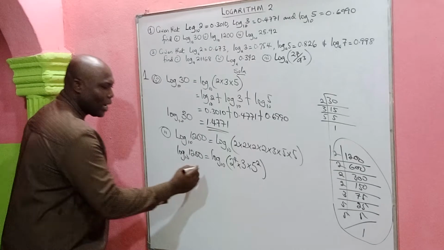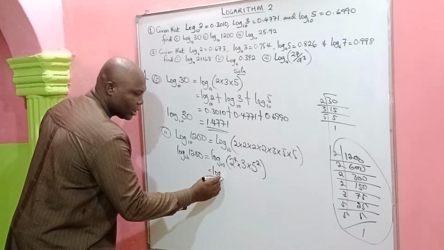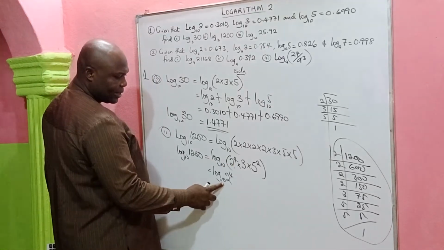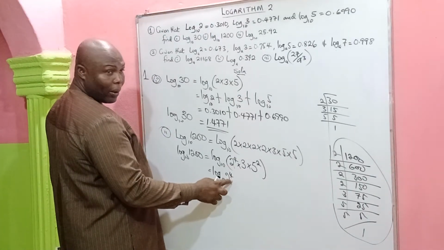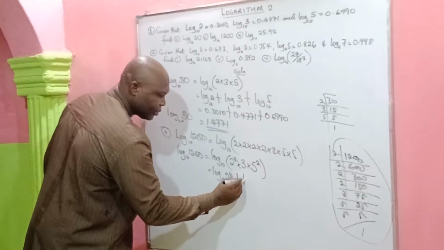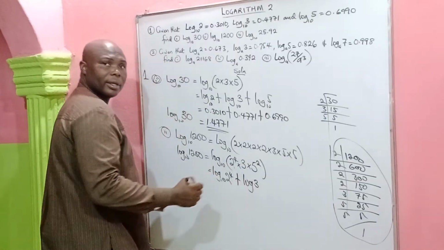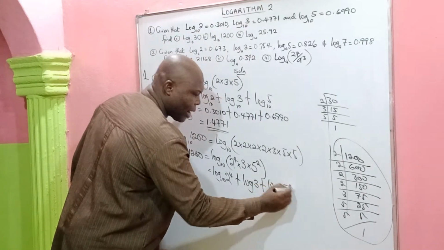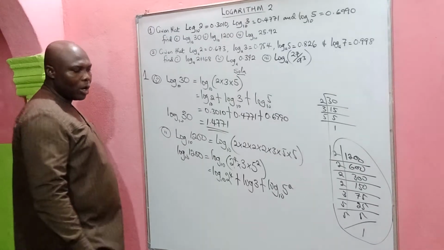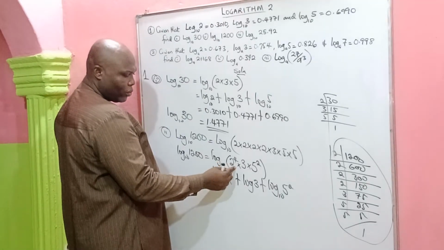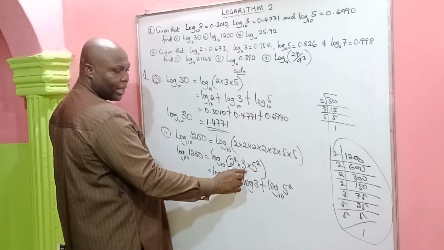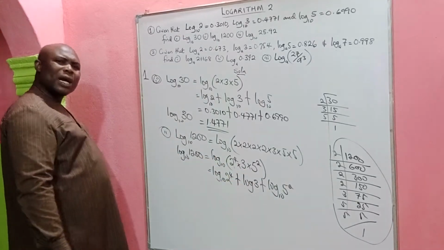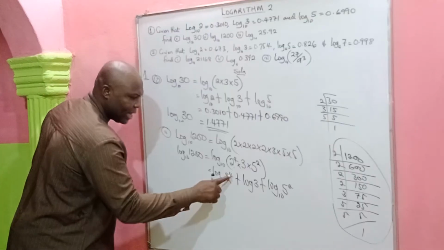So at this point we are going to expand. This will be log 10 to the base of. Right, so we have log 2 to the base 10, remember raised to the power 4, plus log 3 to base 10, plus log 5 raised to the power of 2. First we expand the log of the product into a sum of logs. Then we also apply the power law by making the power come in front.